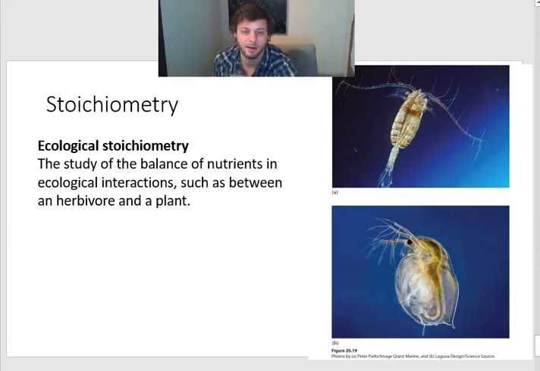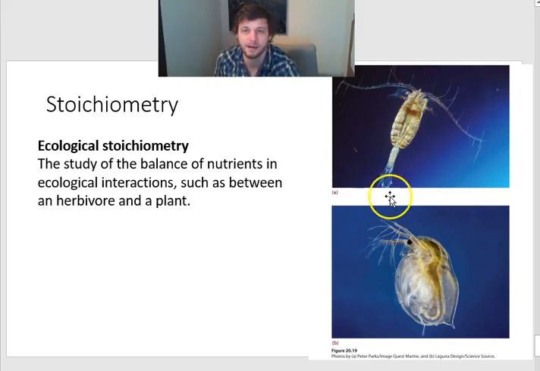And when you look at their nitrogen to phosphorus level, they need a nitrogen to phosphorus ratio of about 15 to 1. So 15 parts nitrogen to 1 part phosphorus. And that's because they grow really fast. They need more of that phosphorus. They need a lot of energy, right, to grow fast. Phosphorus goes into the ATP.